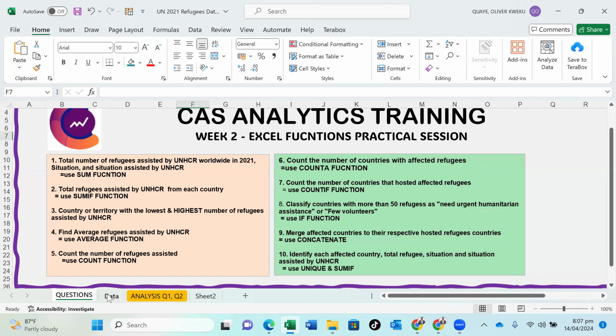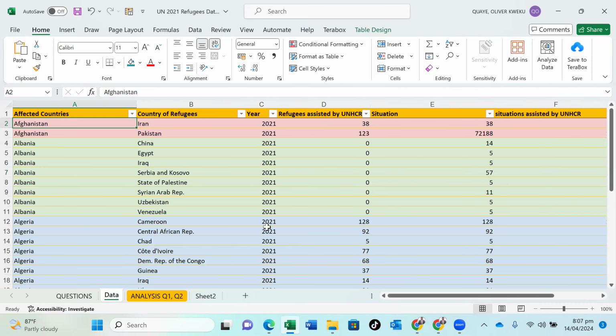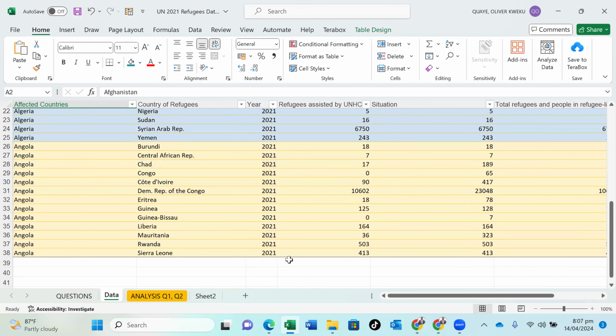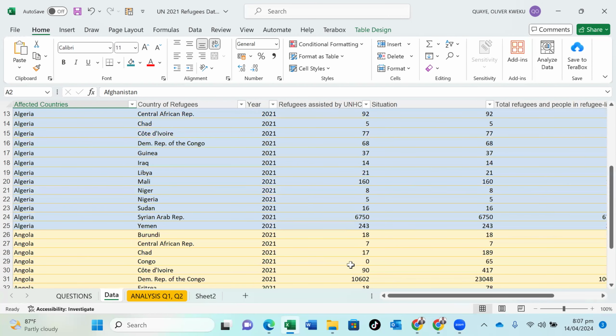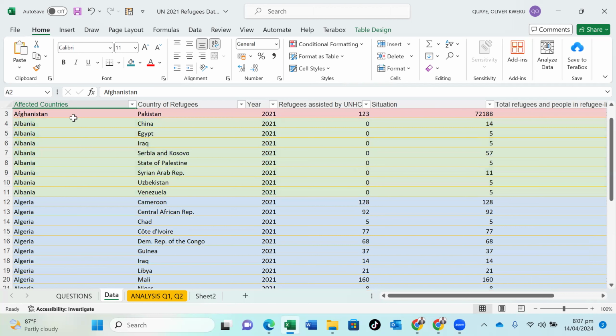So how do we do it? If you put everything together, you are going to get the sum total of this. But we need the sum for only Afghanistan. Now we are specific. So how do we do it? Are you going to do it manually? Okay, Afghanistan, we have 112 here. Afghanistan, we have 123. What country is this?